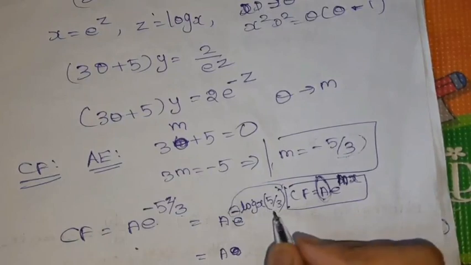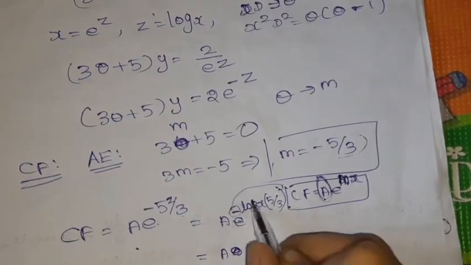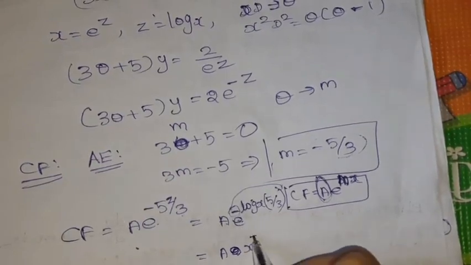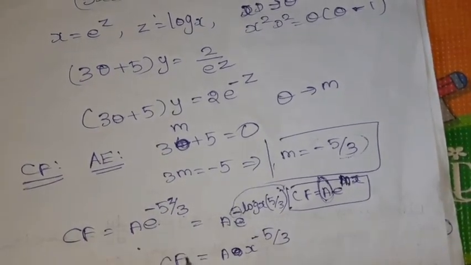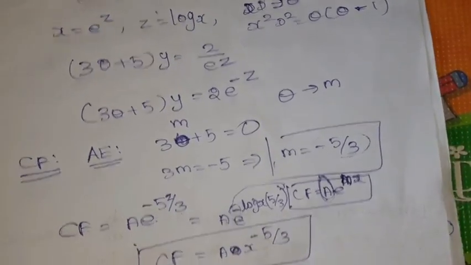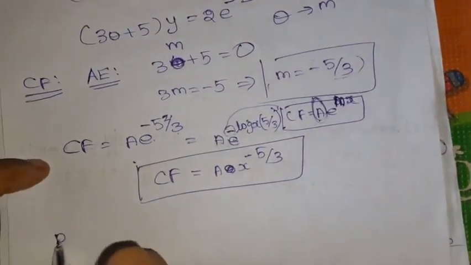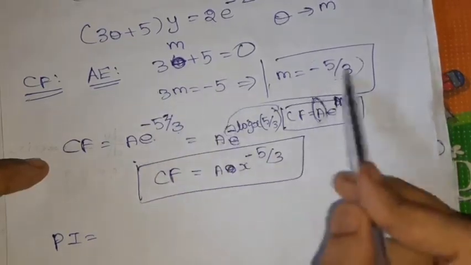So e power of log x power minus 5 by 3. Exponential and logarithmic get cancelled. We are getting CF equal to a x power minus 5 by 3.